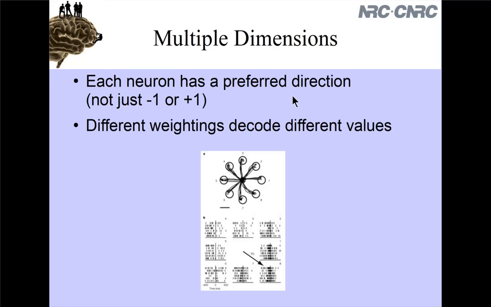Whenever we go and look in the brain at neurons that are sensitive to more than one thing, you tend to find this sort of preferred direction vector, preferred stimulus. Each neuron has a different preferred stimulus. The data that I'm showing right there is from the classic Georgopoulos experiments, where you have monkeys moving joysticks in different directions or memorizing different locations in a two-dimensional grid.